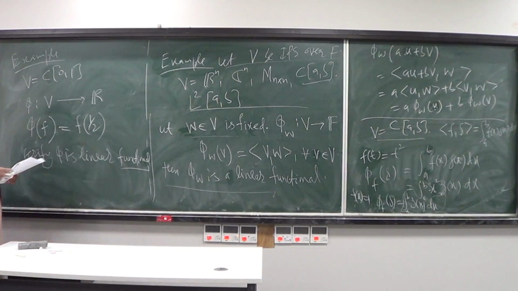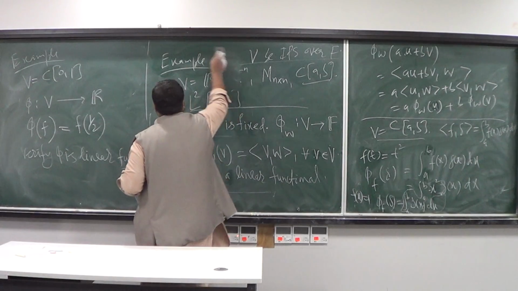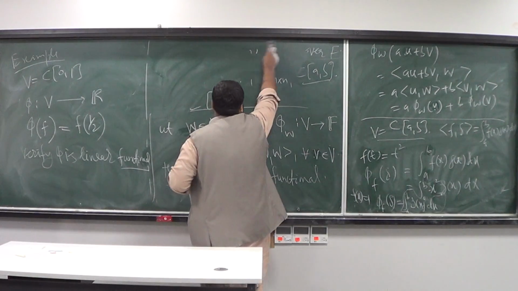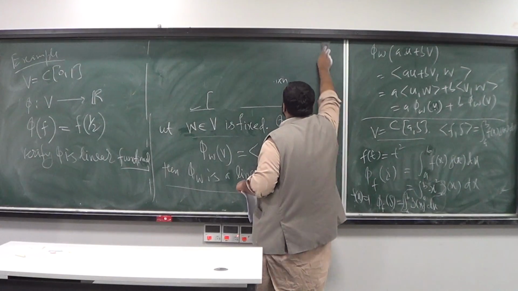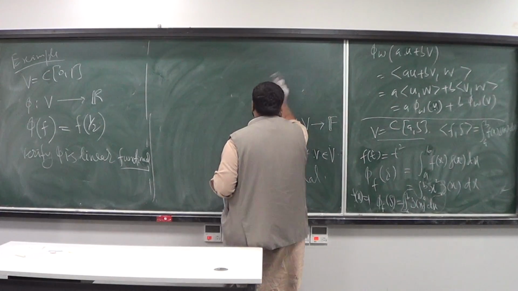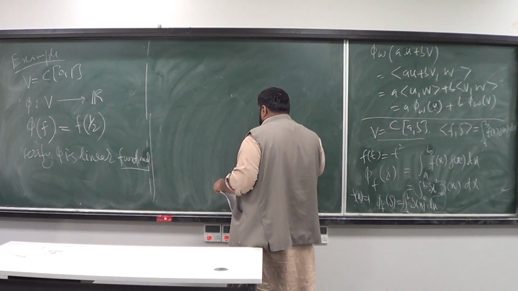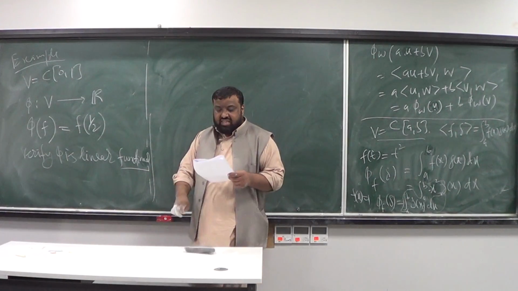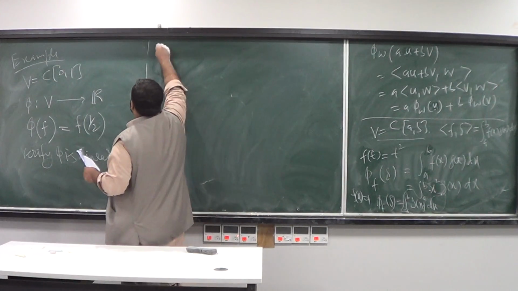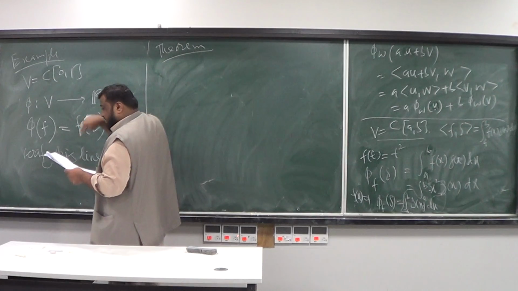Now why are we interested in linear functionals? Because now I would like to write the Riesz theorem, which simply says that a linear functional can be understood in a very interesting way.